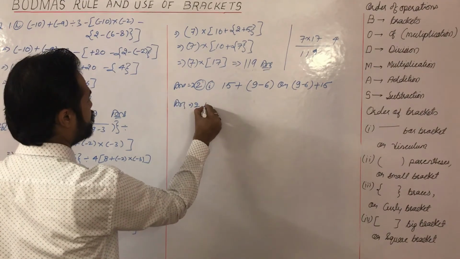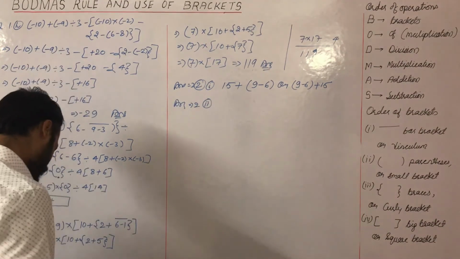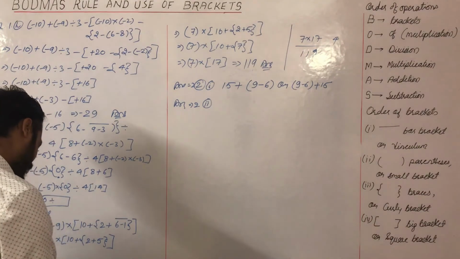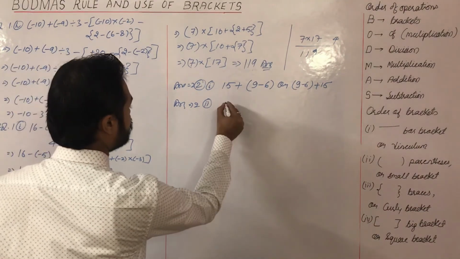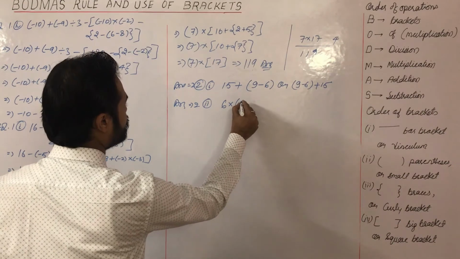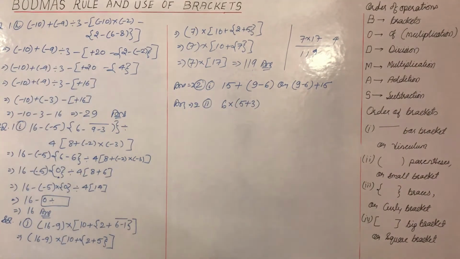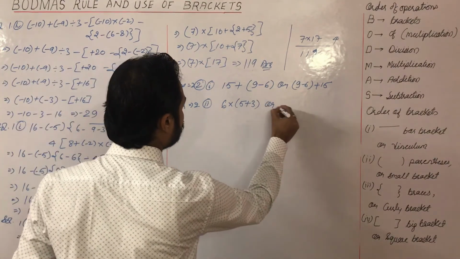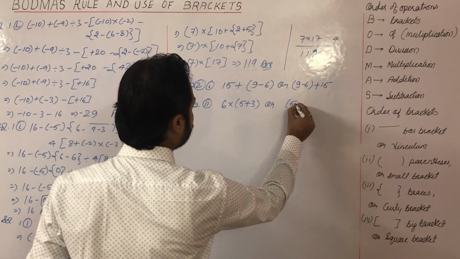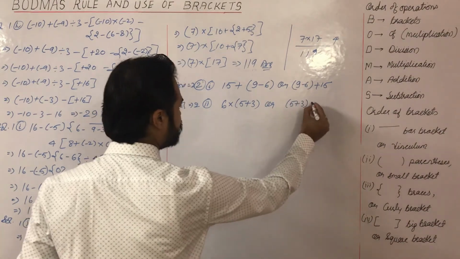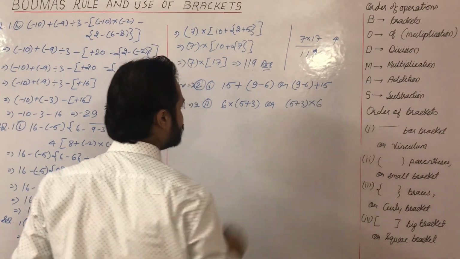Similarly, second part, 6 multiplied by the sum of 5 and 3. 6 into, in bracket, 5 and 3, or again the sum of 5 and 3 multiplied by 6.